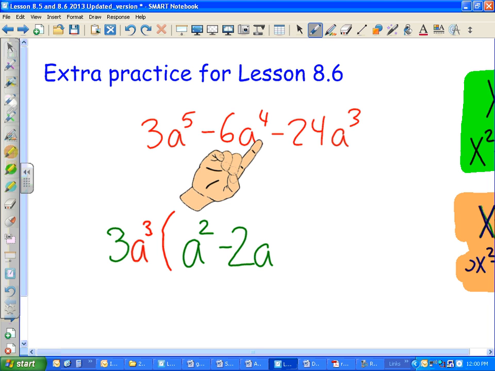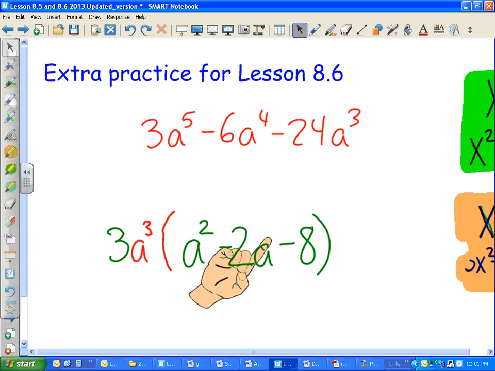You're right, just 1. And then the next one, 3a^3 times something is negative 24a^3. Well, that's going to be negative 8. Negative 8 times 3 is negative 24. Yes, that works. And a^3 times nothing over here is still a^3. Good. That works. All right, we're good with this one.